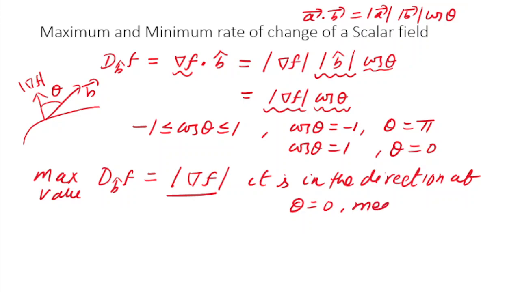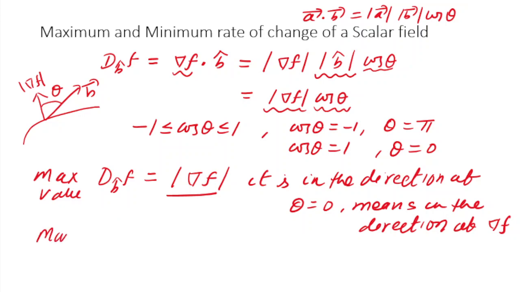Meaning, in the direction of del f. So the maximum rate of change of a function happens in the direction normal to the surface. If you are moving in the direction of the normal to the surface, the rate will change maximum.